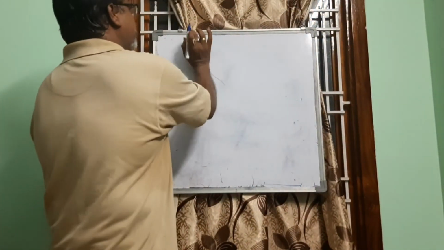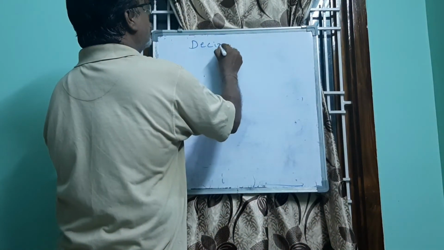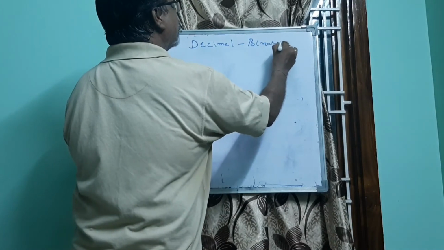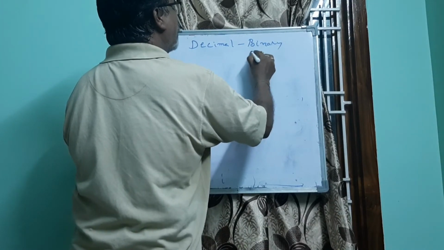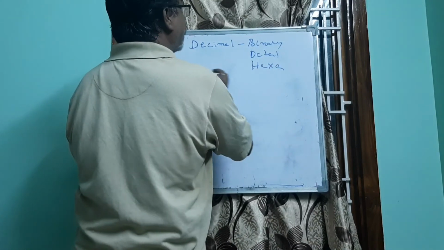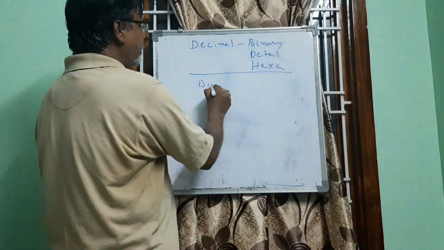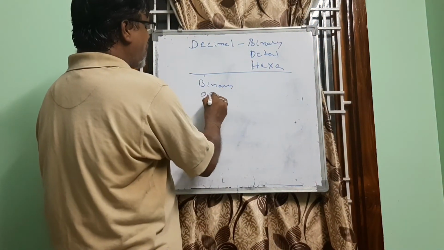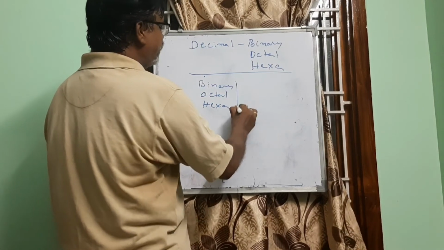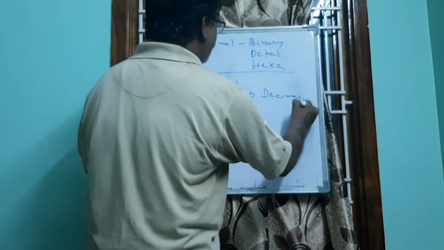Number systems: decimal to binary, octal, hexa. This is one type of conversion. And binary, octal, hexa, any base given, converting into decimal is another conversion.